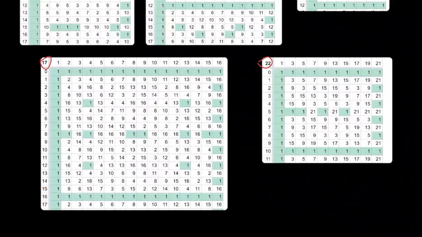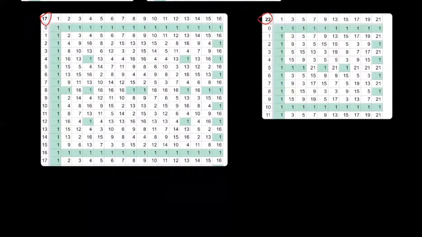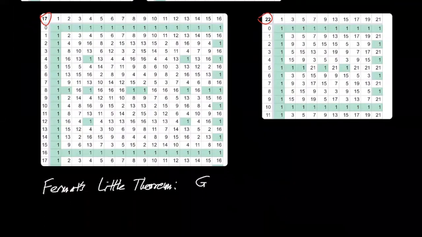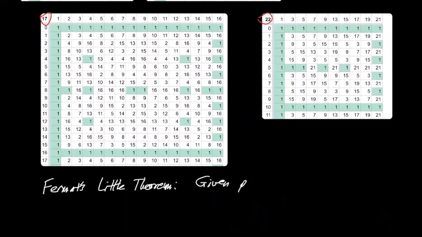And that leads to what's called Fermat's Little Theorem, which basically says that, let me state it. Fermat's Little Theorem says that given p prime and a relatively prime to p, which you could also just state as p doesn't divide a, right?